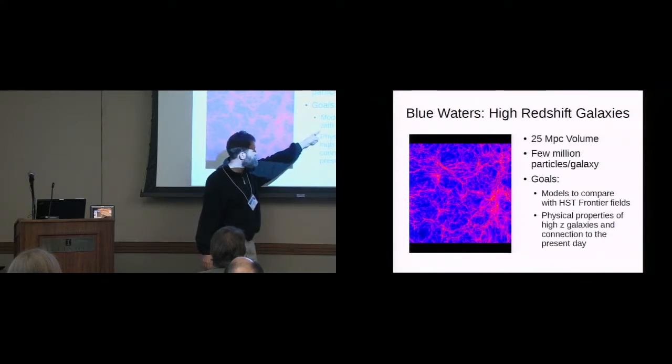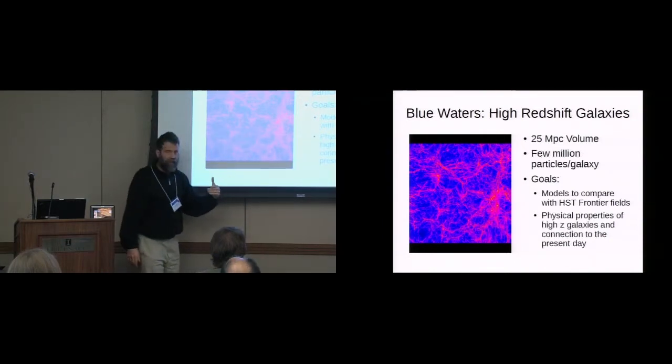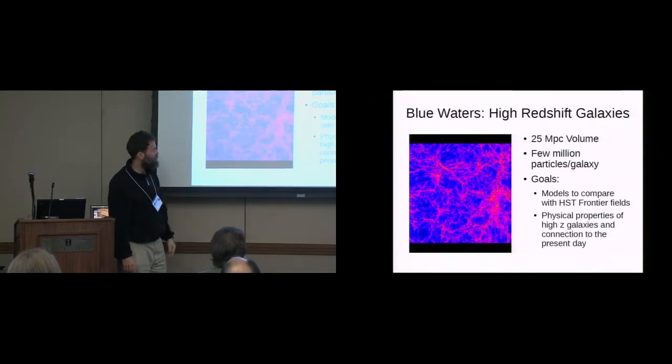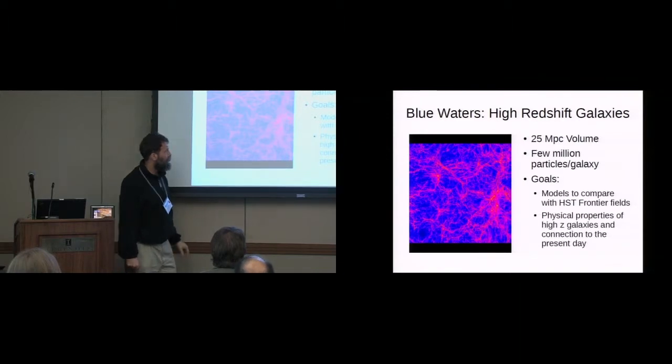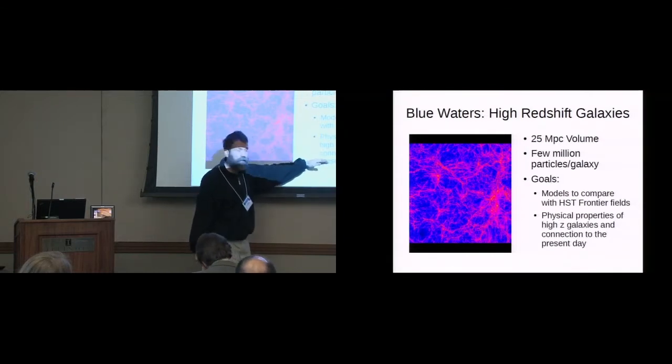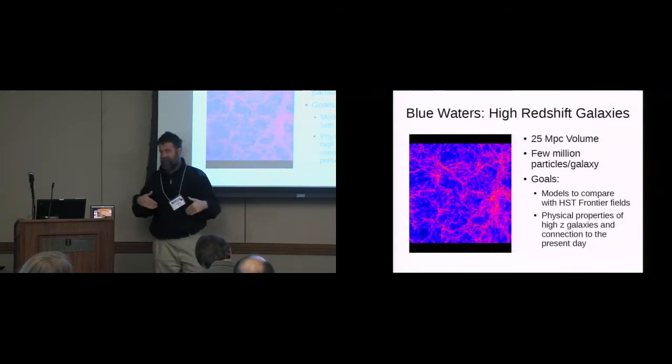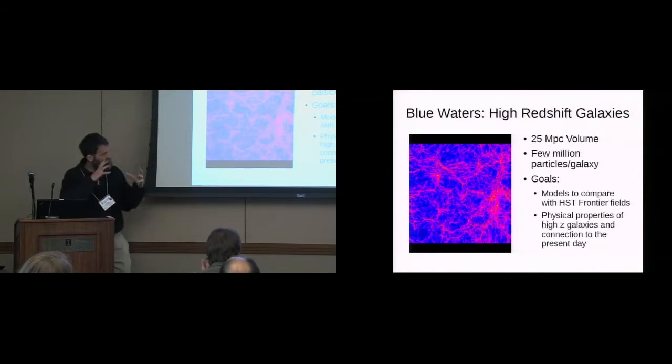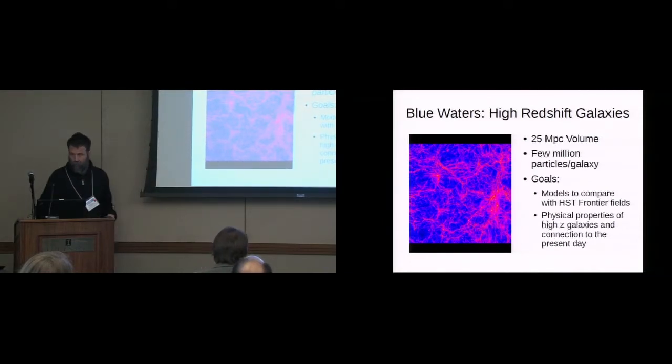There are a number of observing programs where they're trying to study galaxies as they're forming in a high redshift universe. And so we want to understand the physical properties of those galaxies that are being observed and connect them to the galaxies here and now. So that's the overall focus of our Blue Waters project.